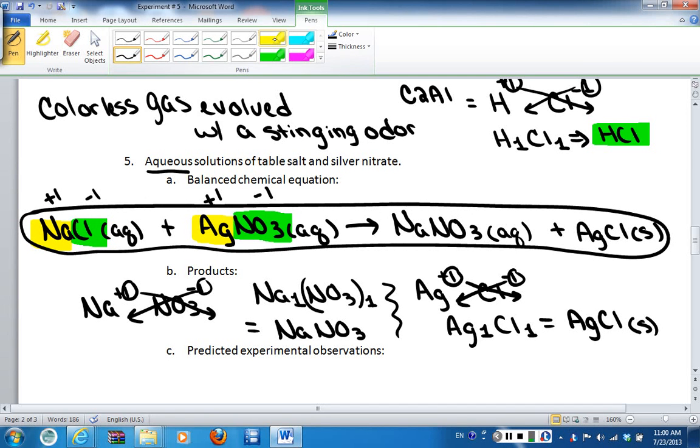So with our products, we know we have silver chloride, we know we have sodium nitrate in the aqueous phase, and in terms of our experimental observations, what we can expect to see is, because this is a solid, we know that it's going to fall out of solution as a precipitate. So we can expect to see a precipitate, and remember this is my abbreviation for precipitate, of AgCl. In fact, this precipitate is actually white.